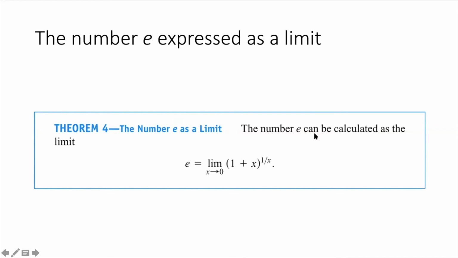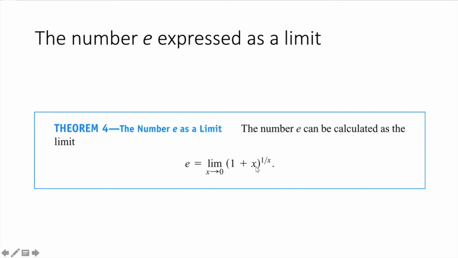The number e can be calculated as the limit as x approaches 0 of (1 plus x) to the power 1 over x. What I always tell students about limits is that the very first thing you should try to do is plug in the number and see what kind of form you get.